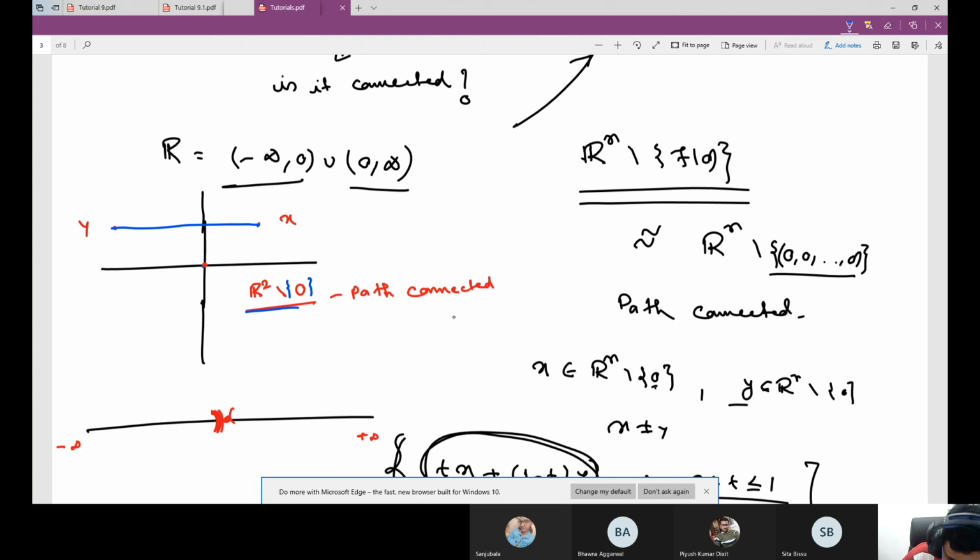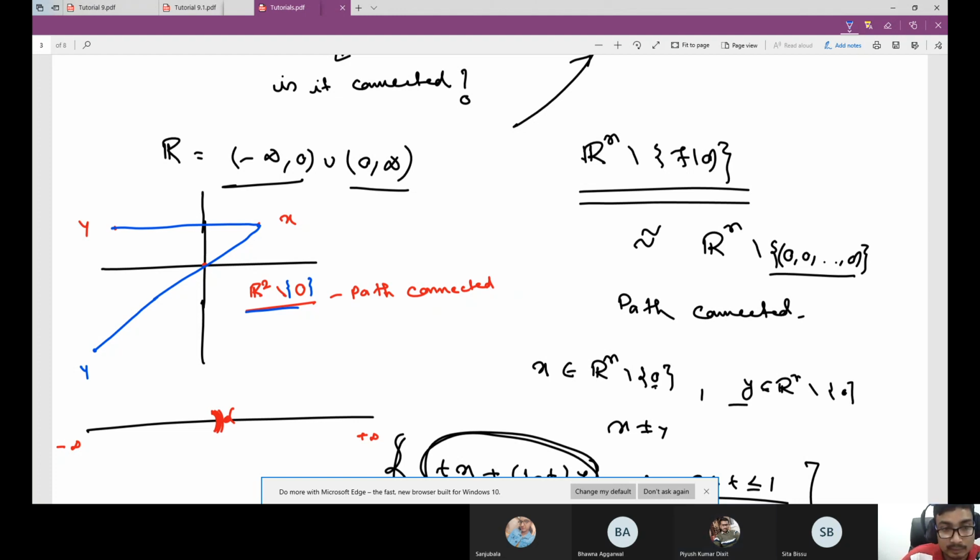But what if we take a point y from here and then we consider this line? Can we say in this case the space is path connected? Actually I am trying to give a path between x and y.